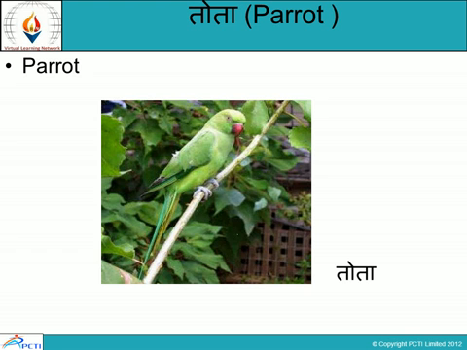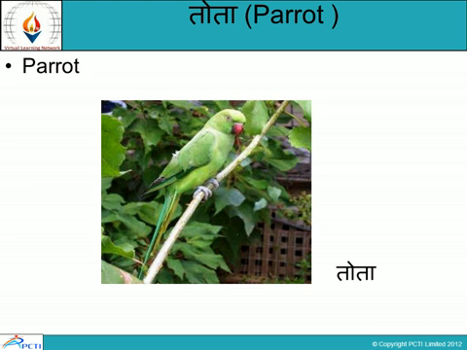Parrot, the green color bird. It eats green chilies. It sometimes copies man's voice also. It can easily imitate man's voice. It can speak like man sometimes. If you make the parrot learn a few things, it simply imitates man's voice.